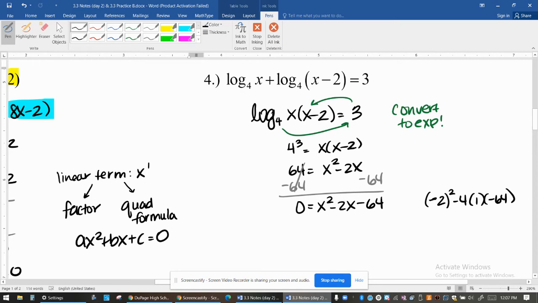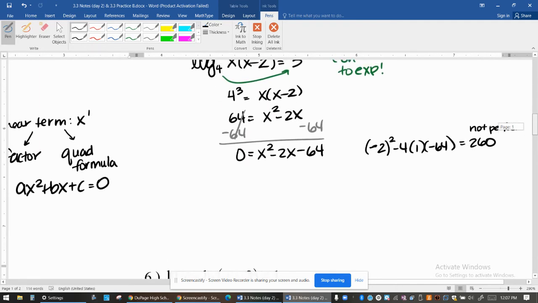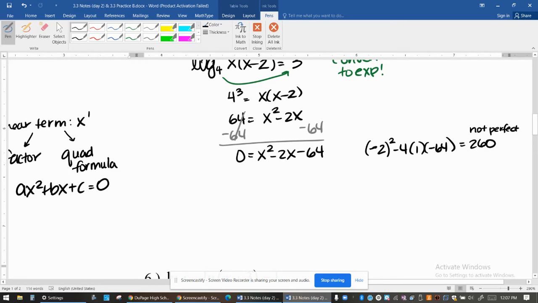That is not a perfect square. Okay, remember if it's not a perfect square, then we can't factor it. But if we would have gotten something like 100 or 144, right, then we could have factored it.